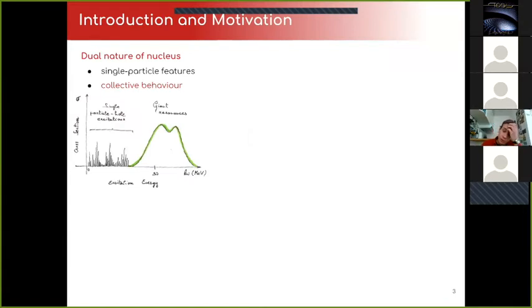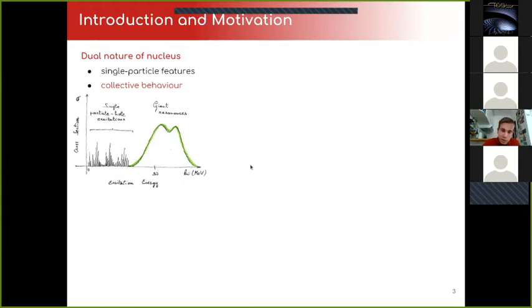So nuclear systems, as you know, display two very different but complementary natures, specifically a very peculiar interplay between single particle features and collective behaviors. It's exemplified here in this sketch, which is an imaginary scattering experiment, where I'm showing the cross-section.